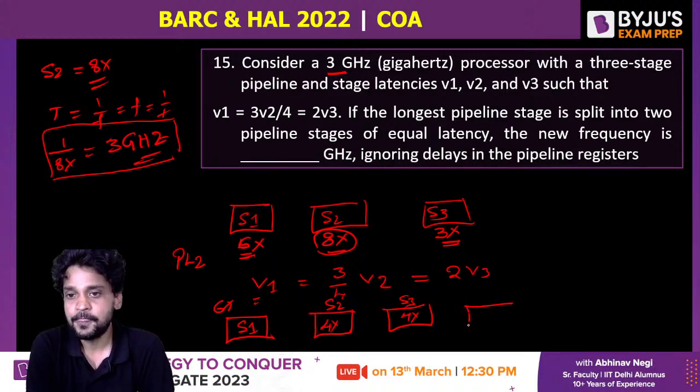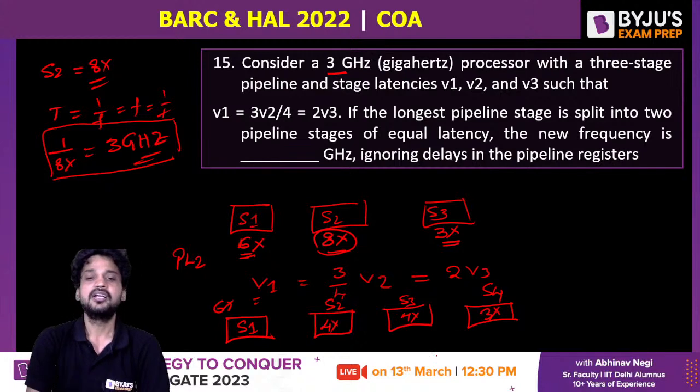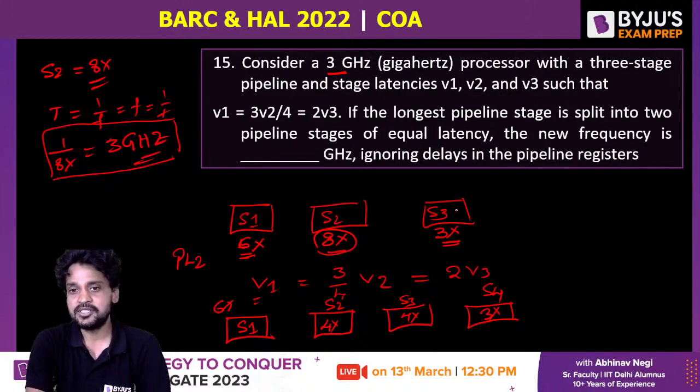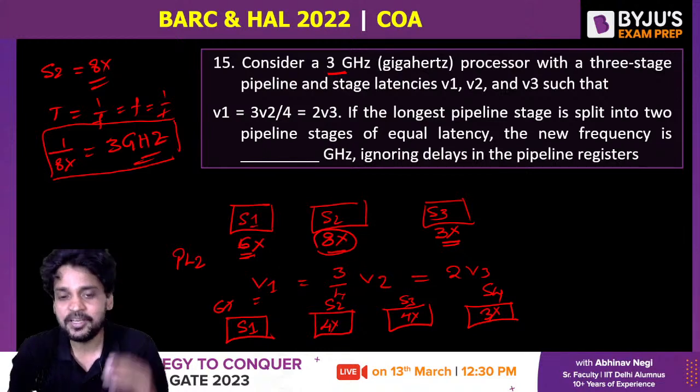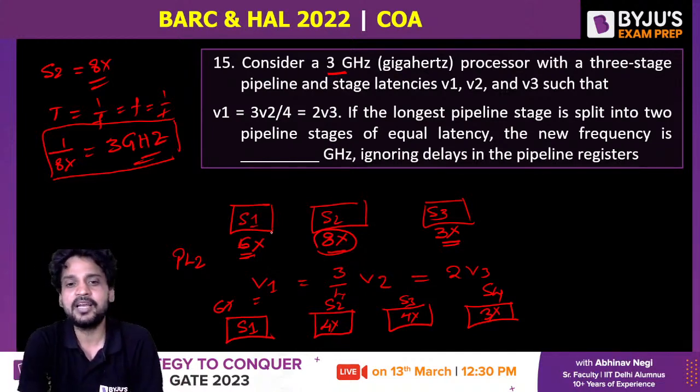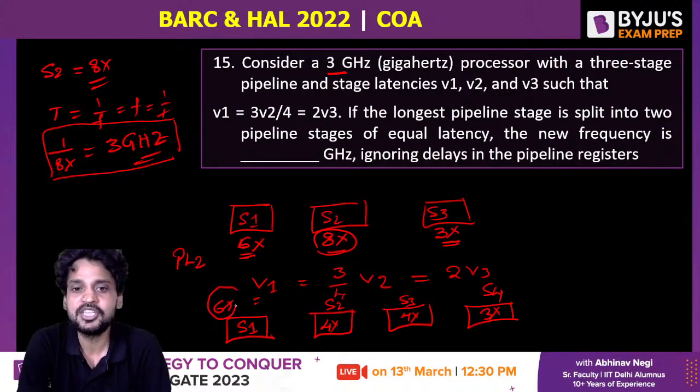And finally, S4 will be of 3x. Earlier, I had 3 segments with a maximum segment delay of 8x. In the updated pipeline, the maximum delayed segment has been divided into 2 separate segments with equal latencies carrying 4x latency. Now what is TP? TP is the maximum segment delay. Here the maximum segment delay is 6x.